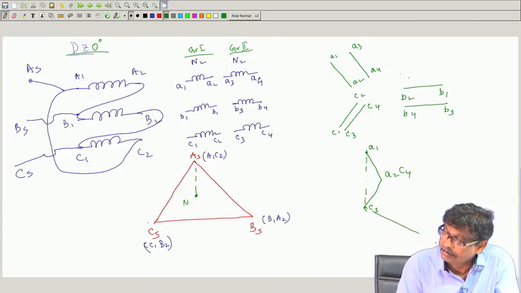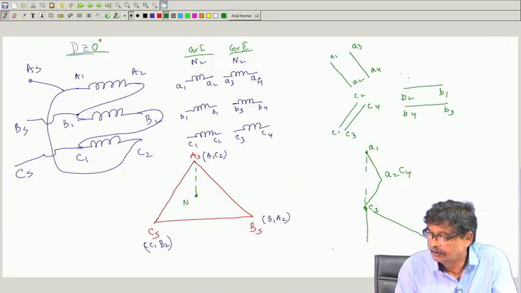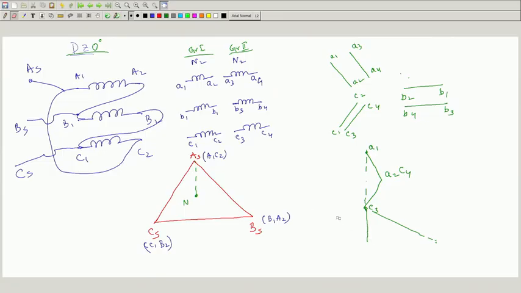Why? Because B1, B2 is this. So, this voltage is the secondary phase voltage, and it can be obtained like this, A and B. Here I would like to have B1, so I will sketch B1 first, which will be horizontal here, B1, B2, and then A like this.